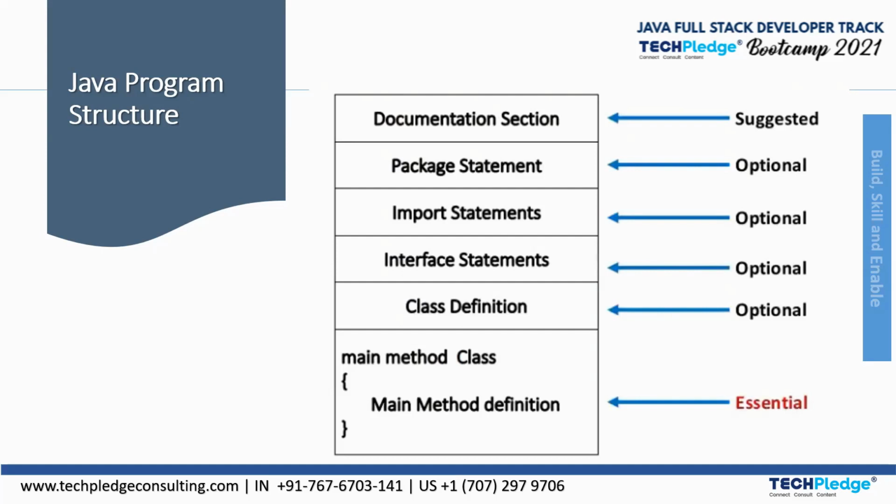What does that do? It imports the entire library. In a similar way, even in Java, there are import statements from which you can import packages or other libraries for your use. Again, this is an optional portion of the Java structure.